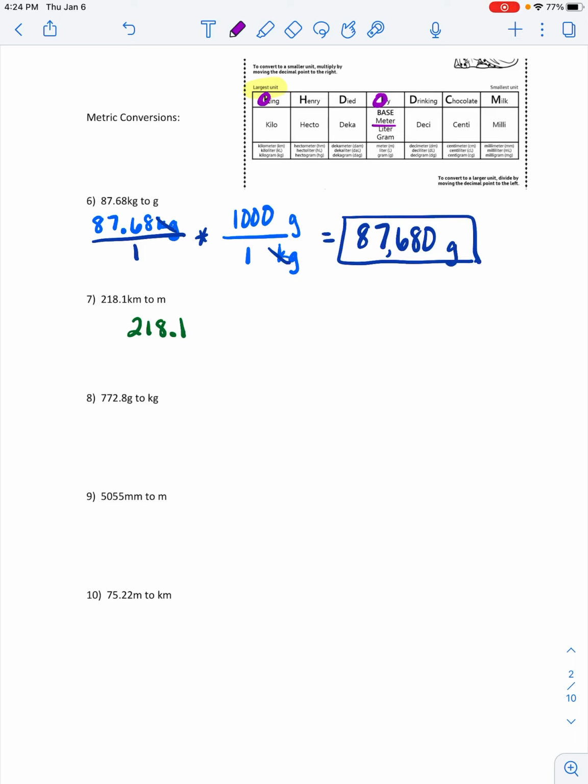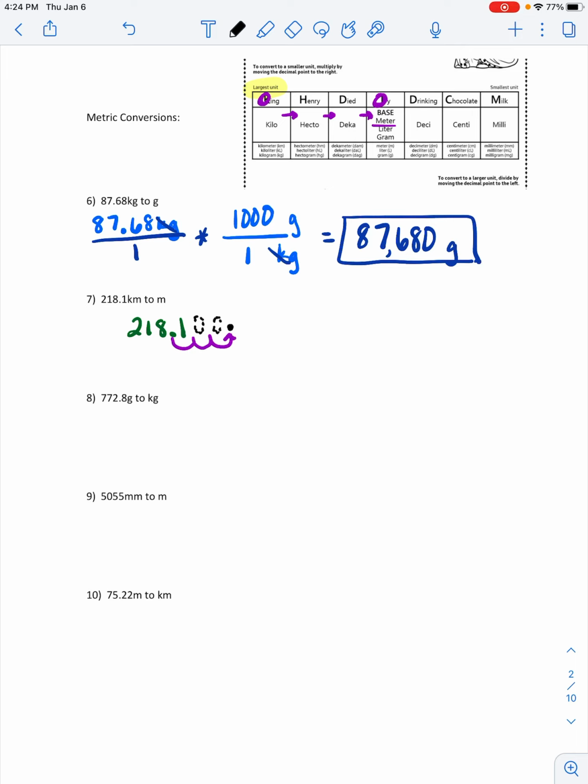So in order to move from kilo to base, I have to move once, twice, 3 times to the right. So I'm going to take the decimal that is currently in my number, and I'm going to move it 1, 2, 3 times to the right. This means that my decimal is now going to be located here, and any empty spaces that I have, I'm going to fill in with a 0.